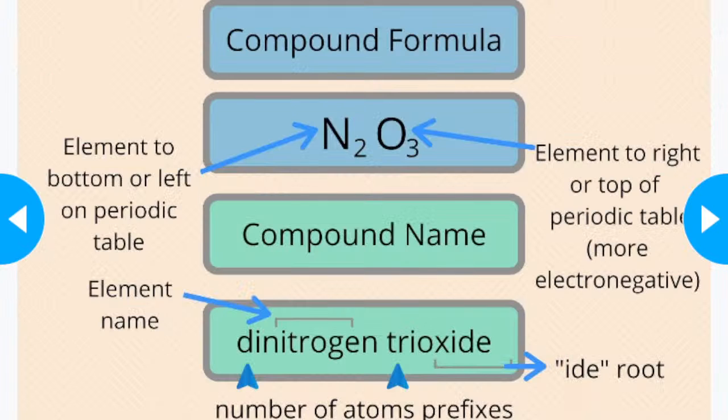For example, the compound formula is N2O3, which means that the name is dinitrogen trioxide. The number of atoms in nitrogen is 2, so it needs to be di because there are 2. It's the number of atoms in the prefixes.